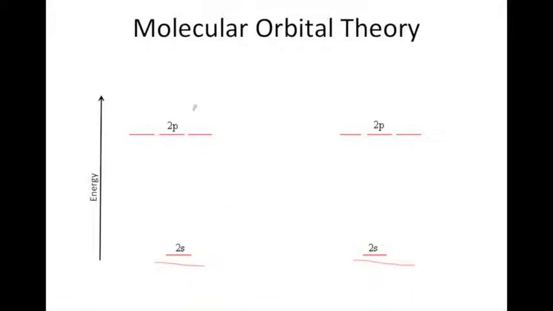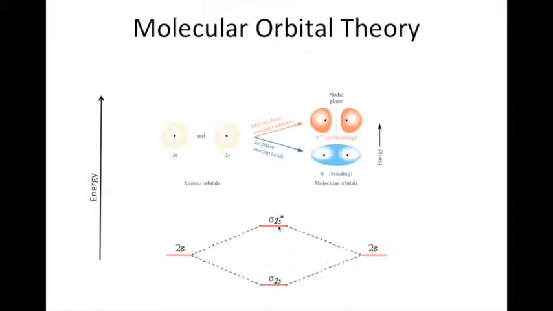So these would be the atomic orbitals for one atom and the atomic orbitals for the other atom that are combining together. Again, here we're just looking at the valence atomic orbitals. So our 2s atomic orbitals can only combine head-on, as we've seen before, to give us a sigma 2s and sigma star 2s.